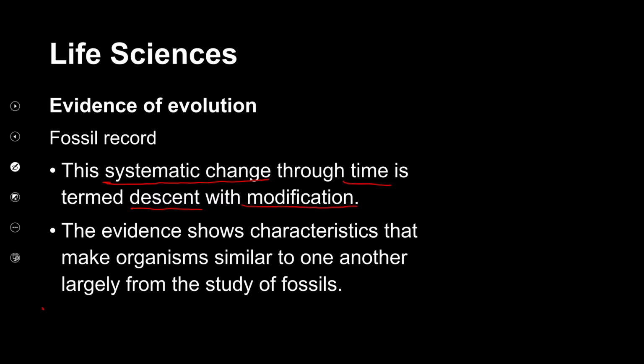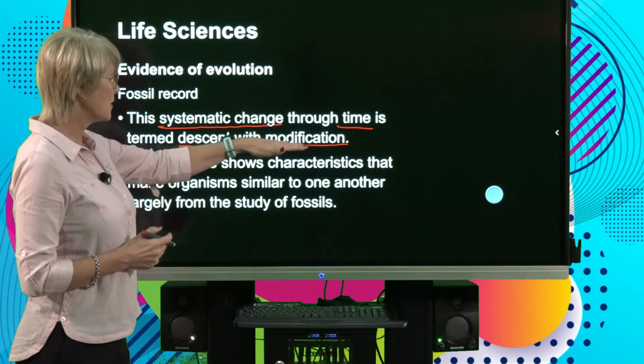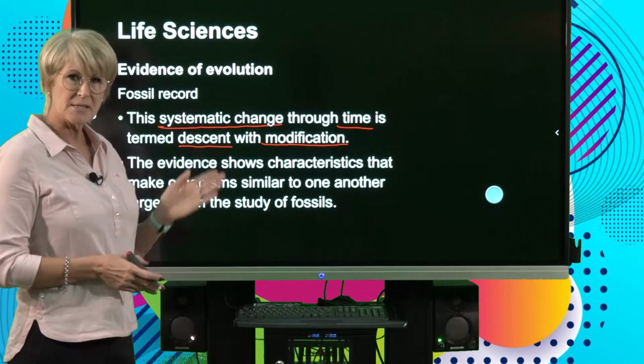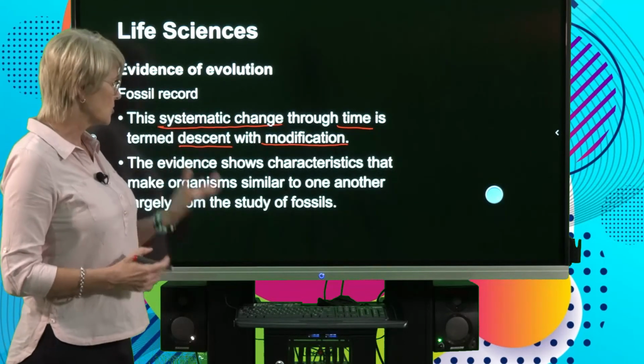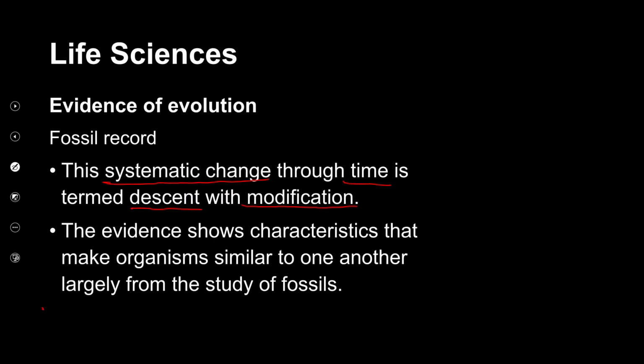So when we look at the fossil record, we can see there are changes in the body structure of organisms. And that modification we mentioned earlier was due to genetic changes. The evidence shows characteristics that make organisms similar to one another, and that is where we spoke about the transitional fossil.